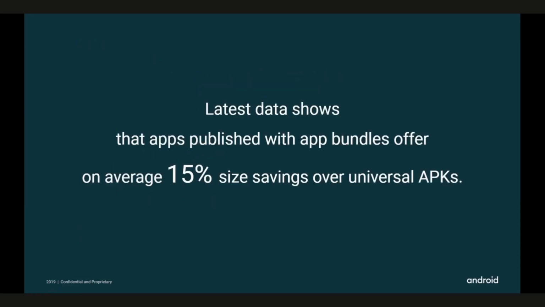Now, because of those benefits, as well as the fact that for most apps, it's not really difficult at all to switch to bundles, we'd like every app, every game to switch to app bundles soon. The latest data shows that apps published with bundles get, on average, 50% size savings, which is pretty substantial.